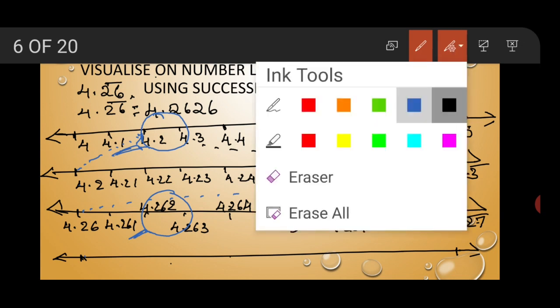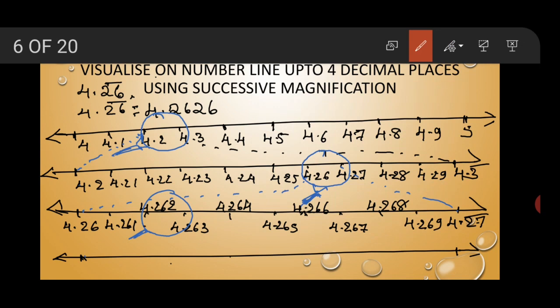So what are the two borders? This is 4.262 and what is this point? 4.263.